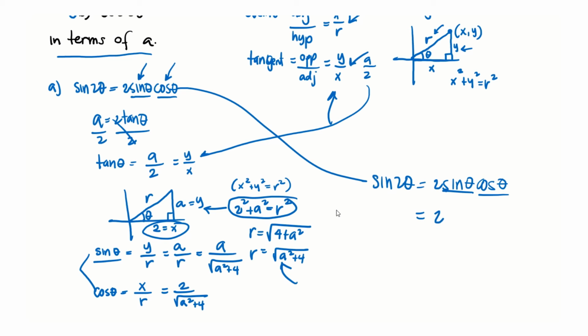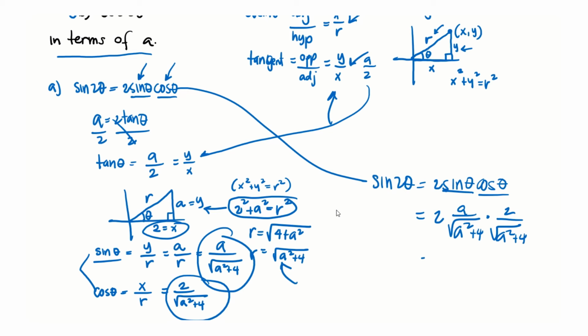So this becomes 2, that's our sine, a over the square root of a squared plus 4. Our cosine is 2 over the square root of a squared plus 4, and simplify this, 2 times a times 2, that's 4a. The square root of a squared plus 4 times itself will cancel the radical sign, so that gives us a squared plus 4. Okay, so this is the sine 2 theta.